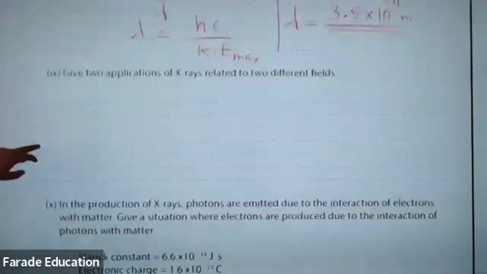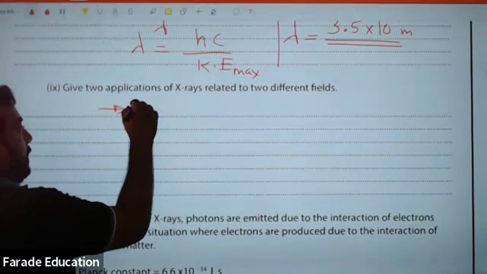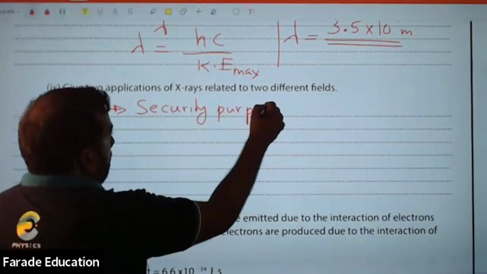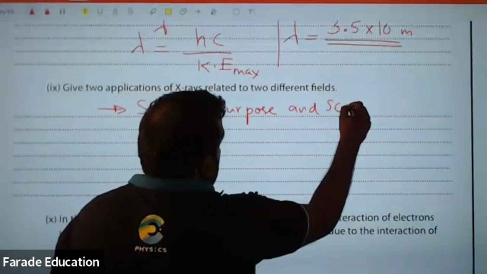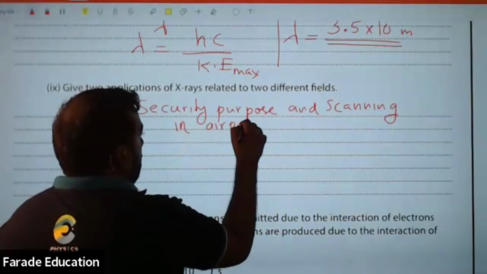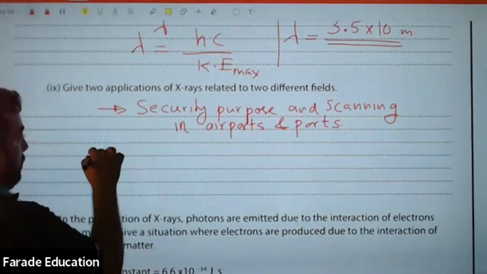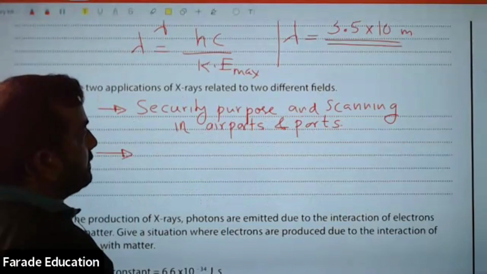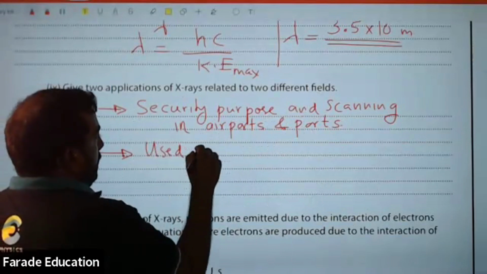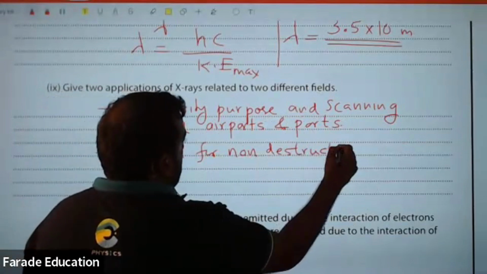Give two applications of X-rays related to two different fields. X-rays are used for security purposes and scanning in airports and ports. Next, X-rays are used for non-destructive testing.